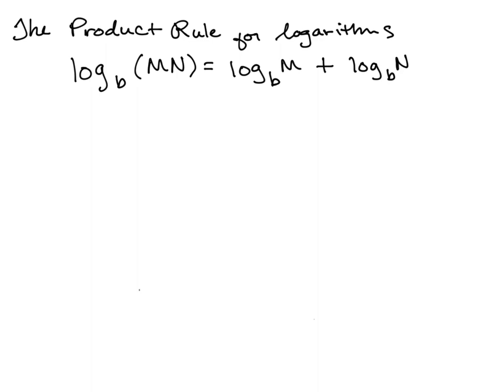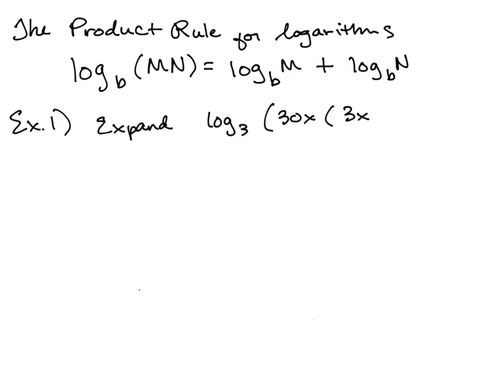Okay. So our first example here is going to be example 1. We've got to expand log base 3 of 30x times 3x plus 4. And what you see here is a product of two terms.